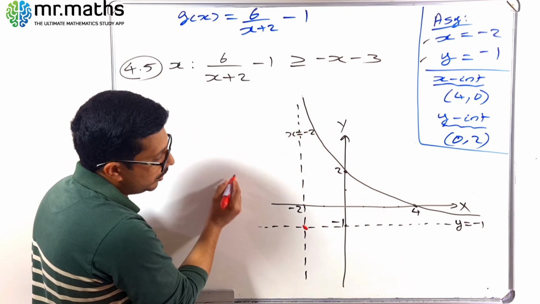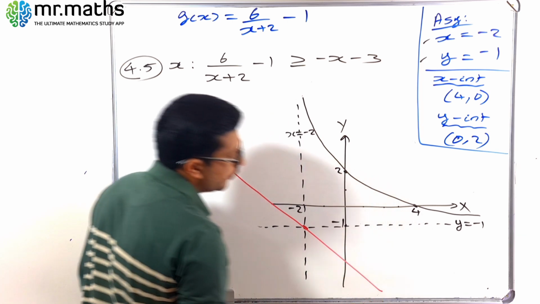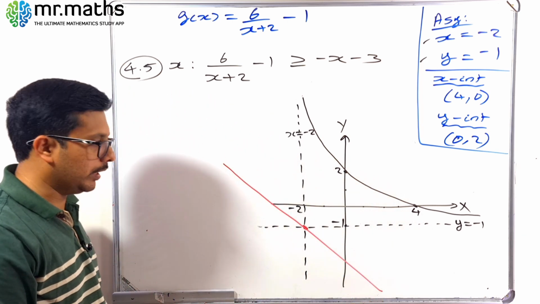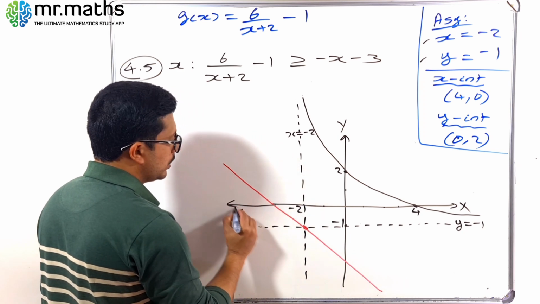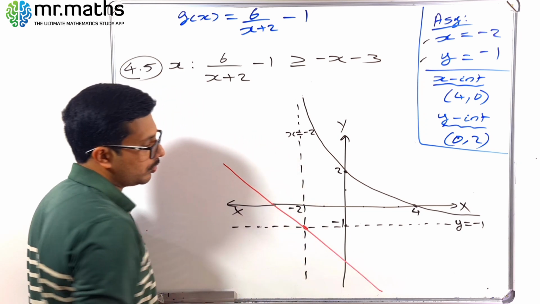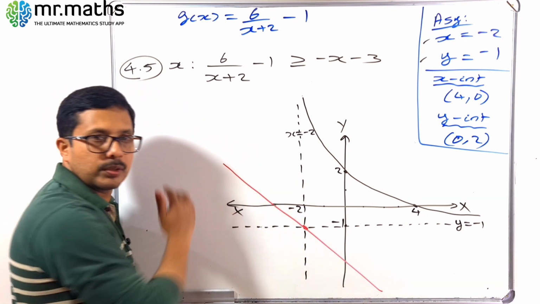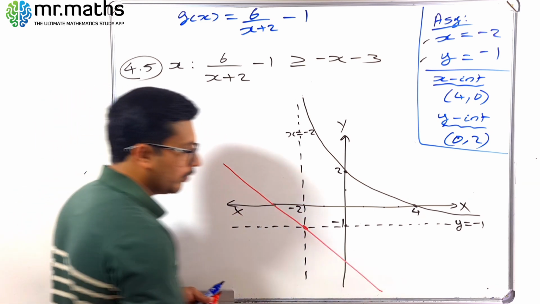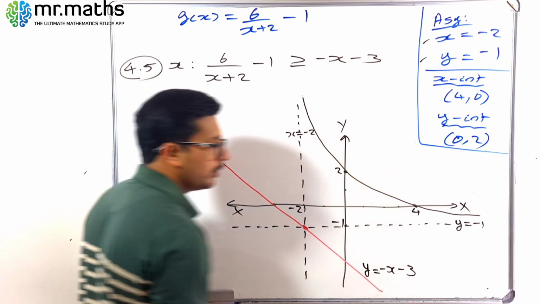Having negative gradient, this is the line of symmetry having negative gradient. Here you can see this is the x-axis and this is the asymptote. What is the equation of this line of symmetry? In the previous question we already got the equation: minus x minus 3.